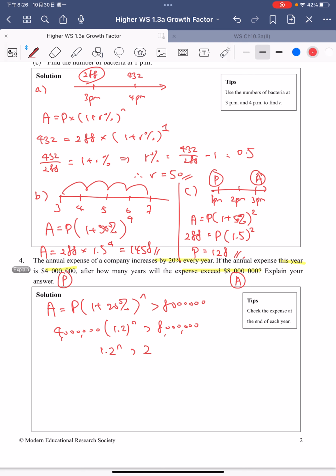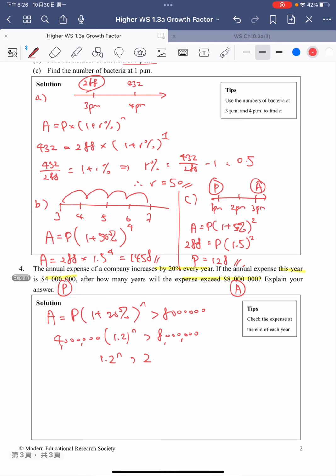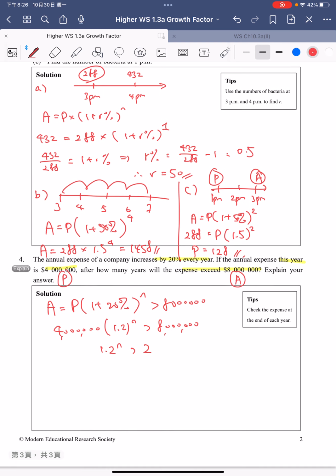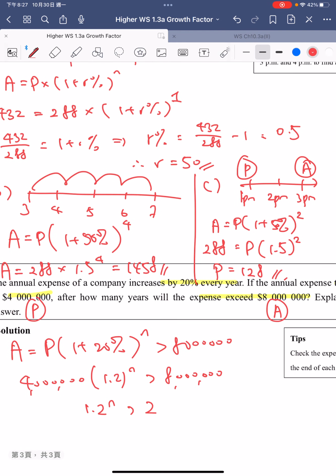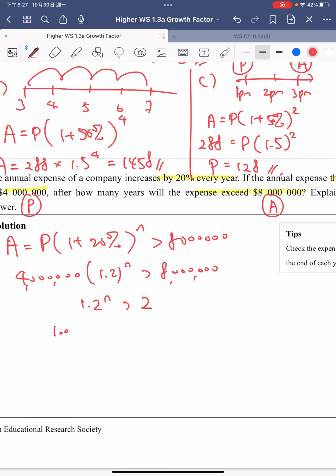How can we solve this if we have n in the power? What we're going to do is take a log of both sides. So the log of 1.2 to the power of n is greater than log of 2, so n log 1.2 is greater than log 2. So n is greater than log 2 divided by log 1.2.